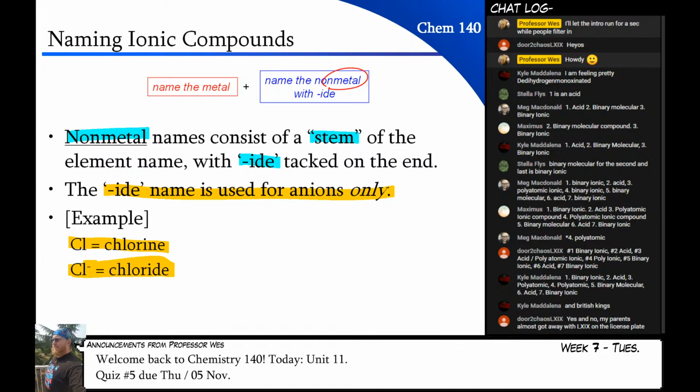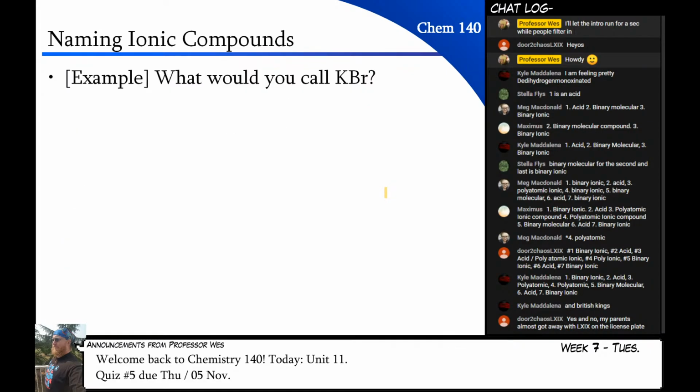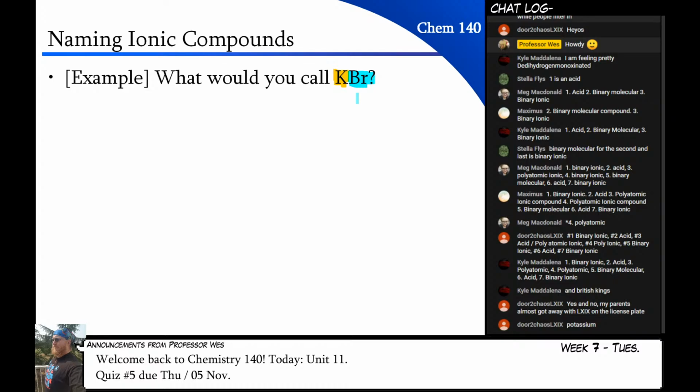All right, so let's do some examples here. So here's KBr. What we're going to do is name the metal and then name the nonmetal. So first, name the metal. What is this called? And then name the nonmetal. So we've got potassium.